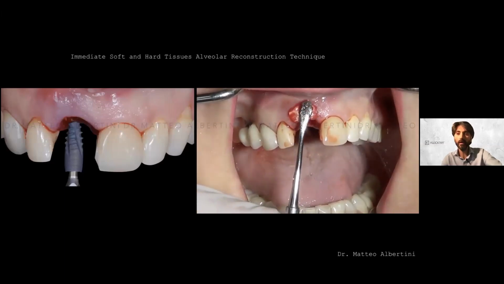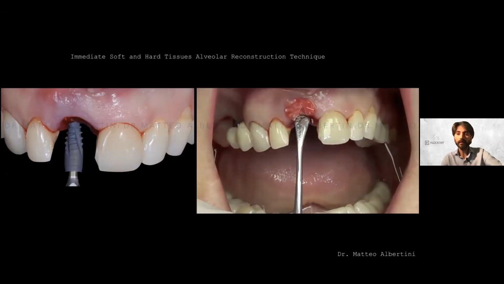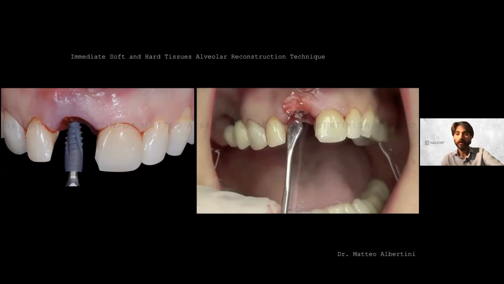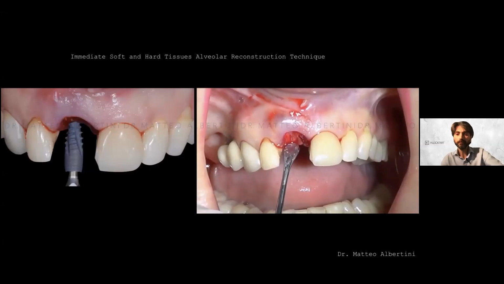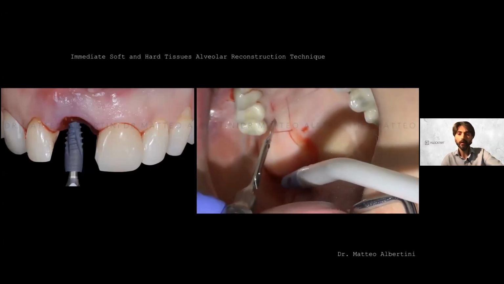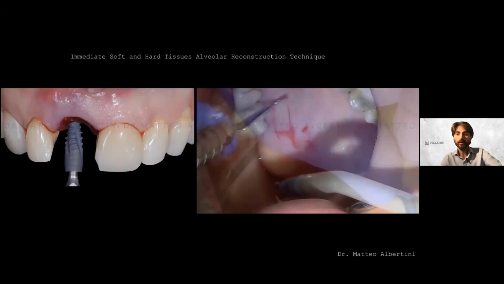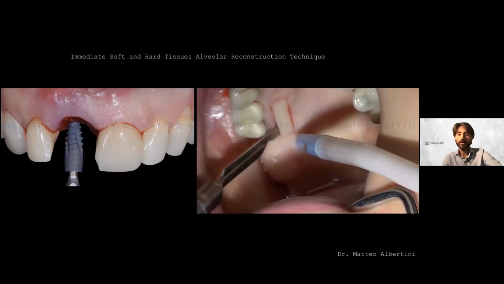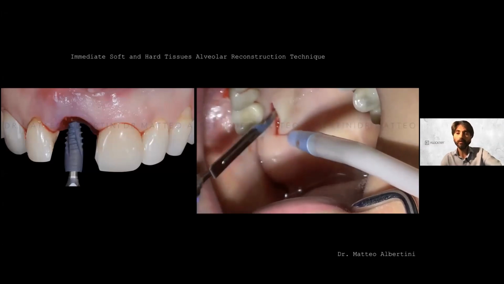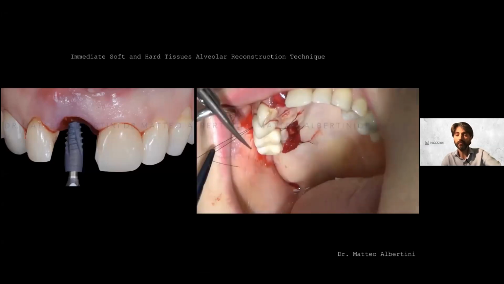We fold the membrane buccally, and we start filling the space between the membrane and the implant. Here we're using the Straumann bone. It's bovine bone. And then we harvest the soft tissue graft from the palate with the extra orally de-epithelialized technique of the free gingival graft.